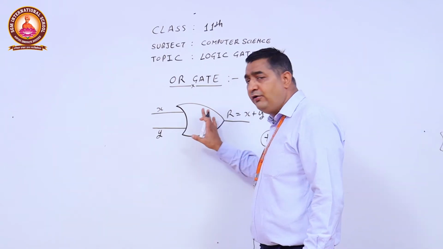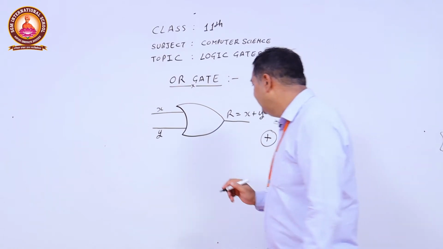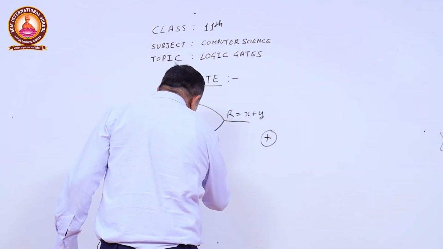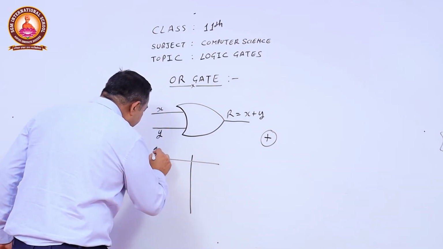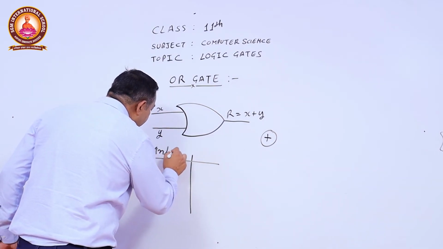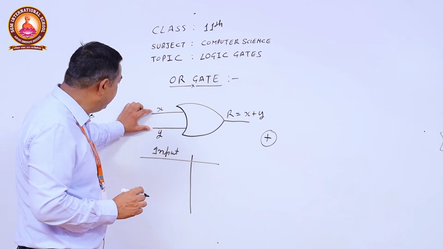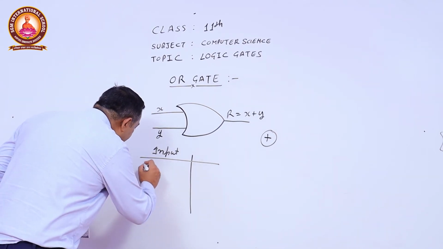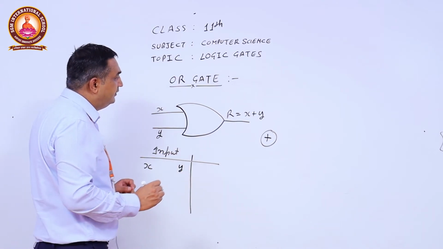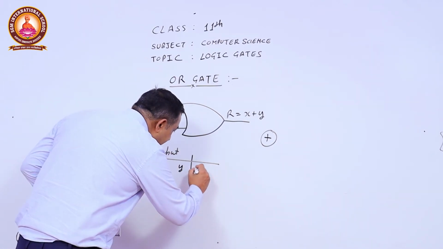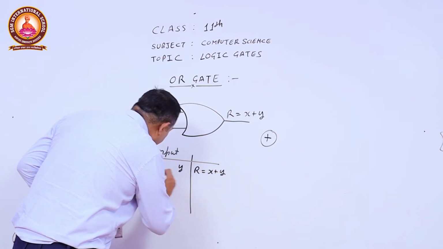Now the functionality of this gate is understood by the truth table. Earlier discussed, there are two sides of a truth table. First is the input side. There are two inputs in this gate: first is x and second is y. And one output is R equal to x plus y.